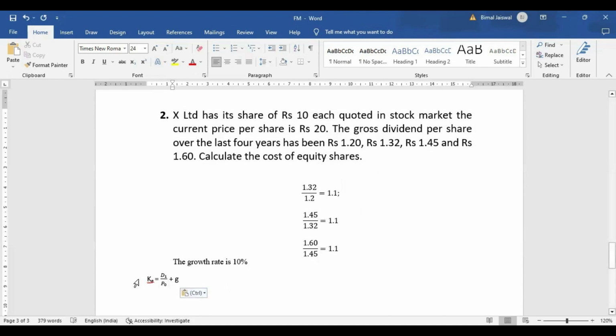And the equation says that Ke equals D1 upon P0 plus g. So D1 is what? D0 plus the growth rate, we can say, the growth rate of the dividend. Earlier it was 1.6.